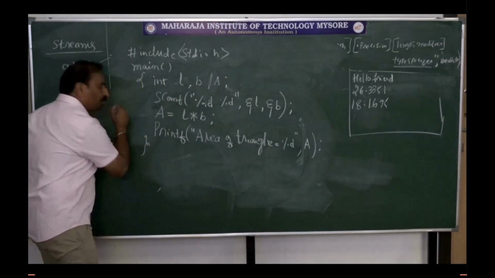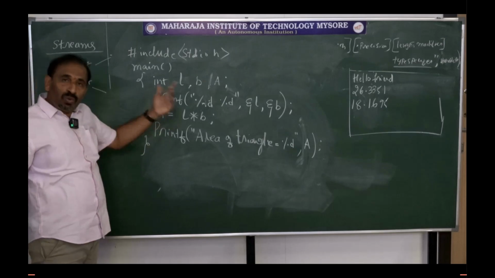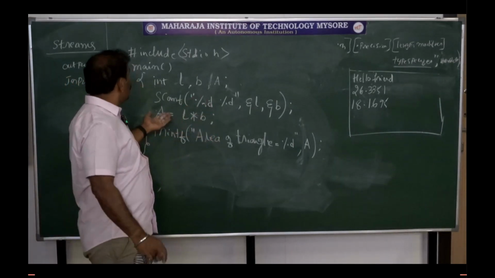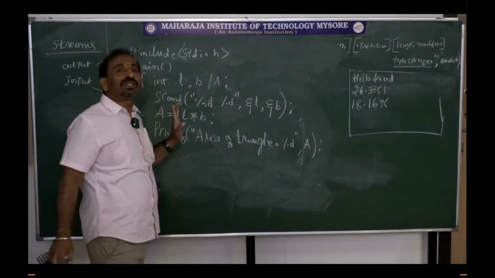Close this program. Now, this program I have written in C to do the multiplication of length and breadth. My objective is not to explain about the area. My objective is to use this scanf and printf statement.